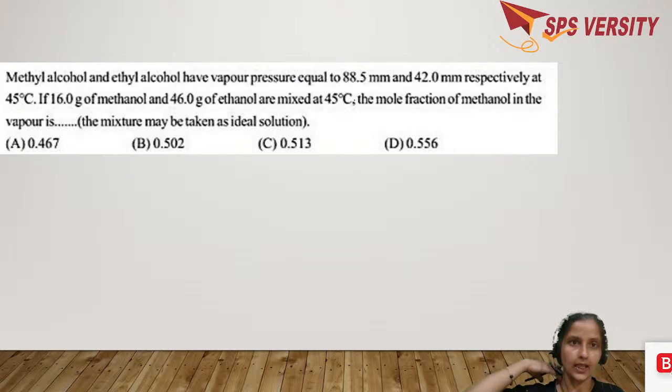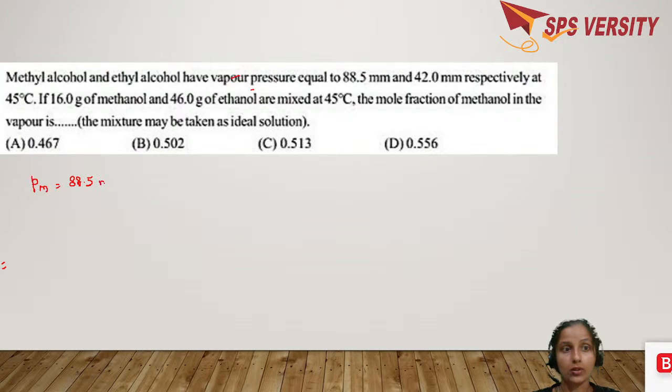Methyl alcohol and ethyl alcohol have the vapor pressure given. If 16 gram of methanol and 46 gram of ethanol are mixed, you are asked to find the mole fraction of methanol in the vapor phase. How do you do this? The vapor pressure of methyl alcohol is 88.5 millimeter of mercury.